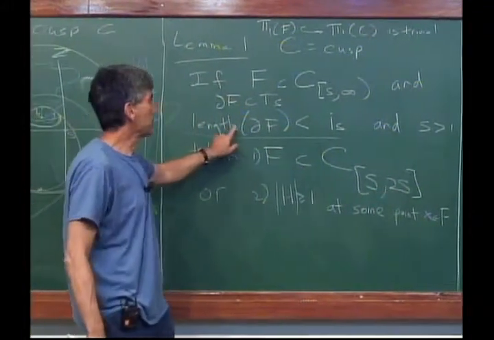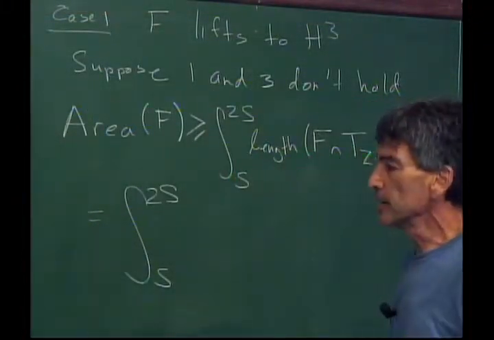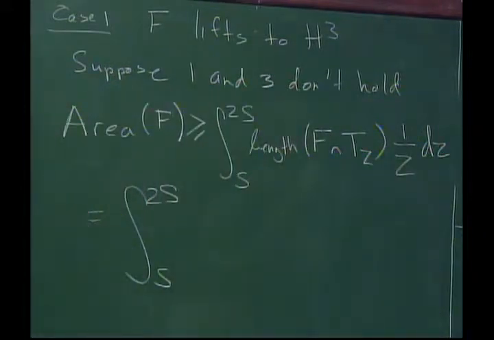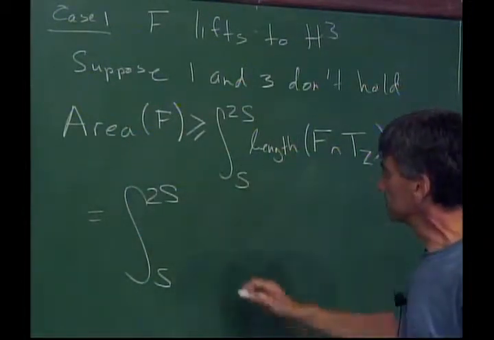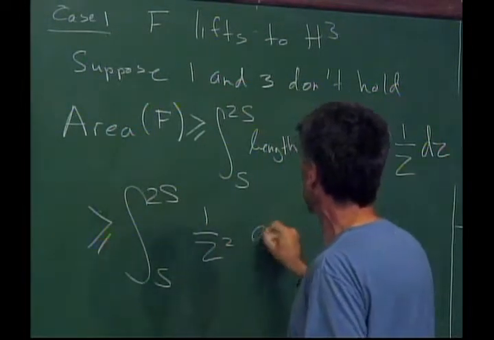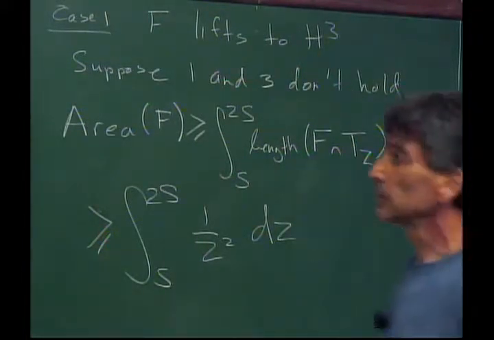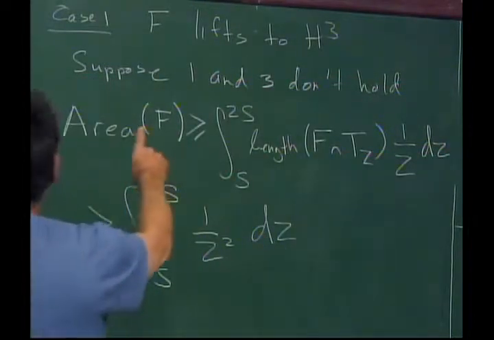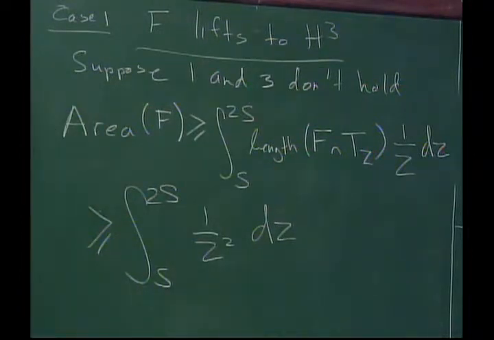So for every z between s and 2s, which is where we're integrating, this condition must have failed, which means that this length is bigger than 1 over z. This was in the case where it lifts to H3. I've assumed that F lifts to H3 for now, and that's the condition that we had here. Case 2 will be where it doesn't lift to H3.